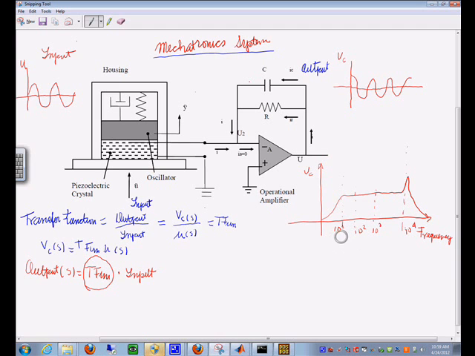But what we are doing is giving a frequency input in here, and magnitude, of course, of the oscillation, and obtaining an output over here, and we are plotting it here. So this is what we call the magnitude in this case.